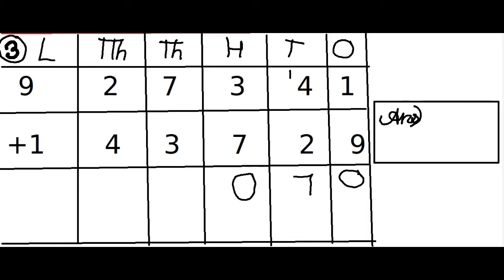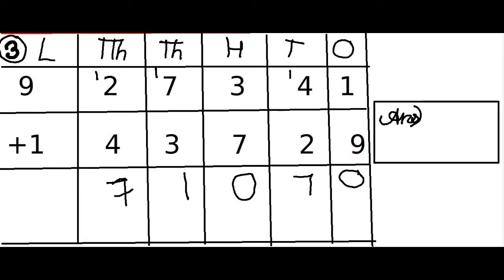So 0 is here and 1 will be carried over. 7 plus 3 is 10, and 10 plus 1 is 11. So the 1 will be here and one more 1 will be here. So we have 4 over here, 2 and 1. So 4 plus 2 equals 6, and 6 plus 1 equals 7. So our answer over here is 7.